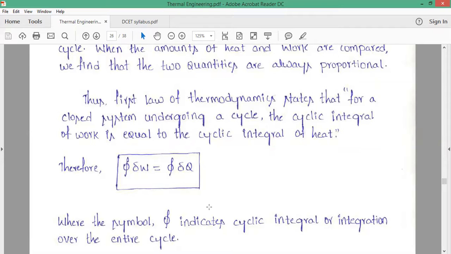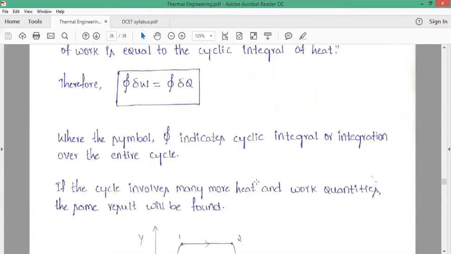That is during constant volume heat addition, if I take the Otto cycle or the petrol cycle, there will be a constant volume heat addition, there will be some heat interaction, there will be constant volume heat rejection, heat interaction. If I take the summation of all the work quantities, that must be equal to the summation of all the heat quantities. This constitutes the principle of conservation of energy, right?